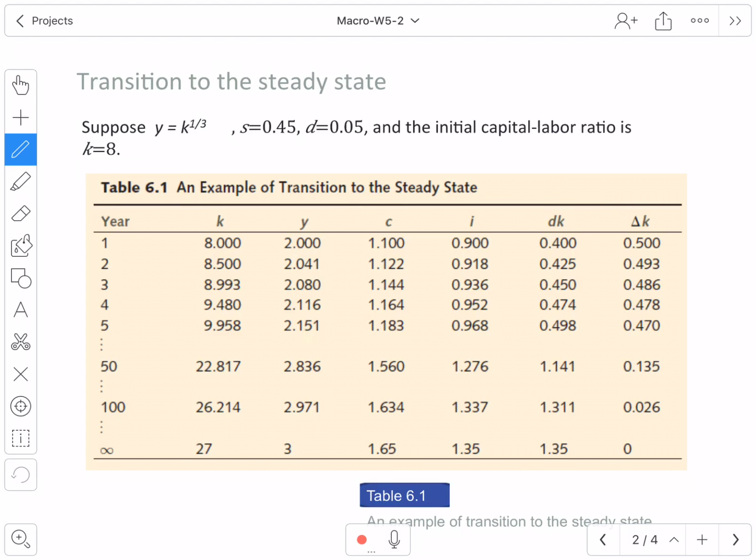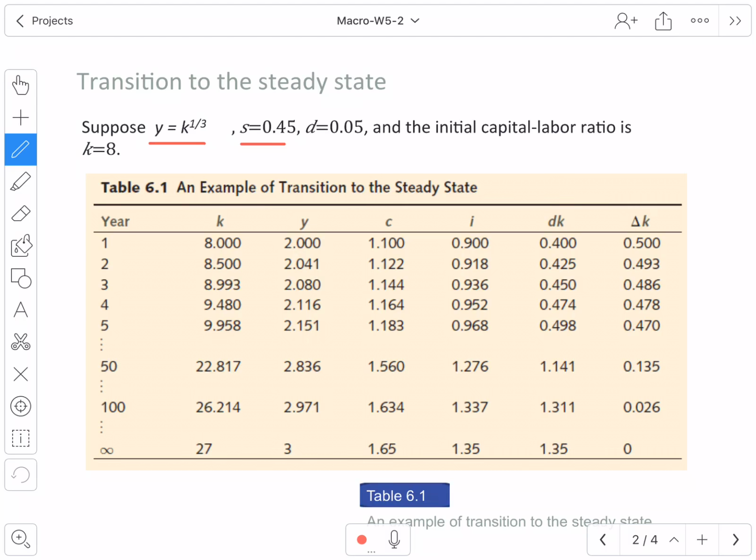We can also see it on the table. So in this table, you're given that y is equal to k to the power one third. Make sure that on the slides of the textbook that you have posted on week 5, you can see that this one has an arrow and a star, so it's basically to the power. Okay, so there is a typo.